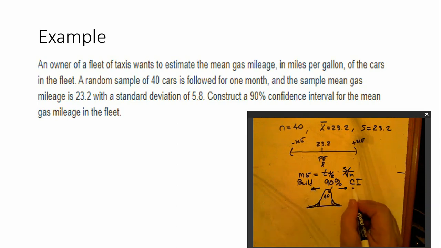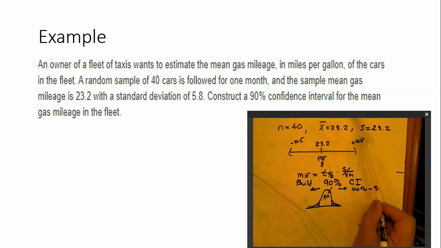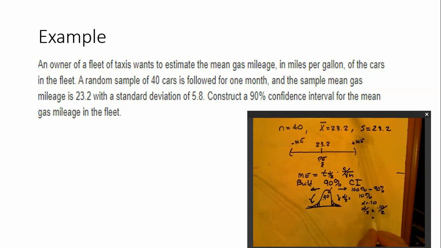Well, 10%, right? Everything's 100%. So if I subtract the 90%, I get 10% outside, but it's divided between the two tails. So my alpha is 0.10, and my alpha over 2 is the 0.10 divided by 2, which is 0.05. So each one of these has 0.05.